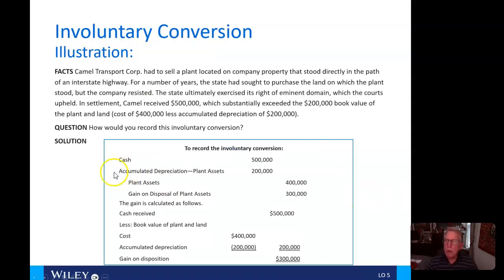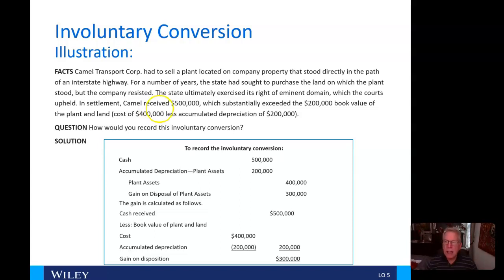Okay, so if we look at this, Camel Transport Corporation had to sell a plant located on the company property that's directly in the way of an interstate highway. For a number of years, the state had sought to purchase the land on which the plant stood, but the company resisted. The state ultimately exercised the right of eminent domain, which courts upheld.